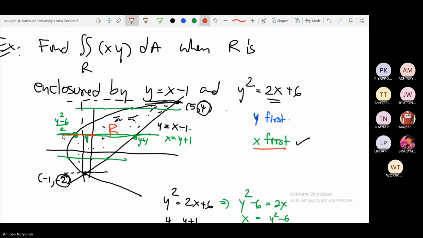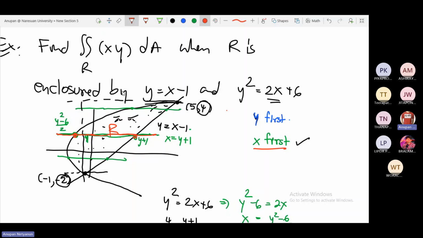I draw the horizontal line to intersect the region. I get this point and this point. You can see that the right point is a point on the line, and the left point is a point on the parabola.